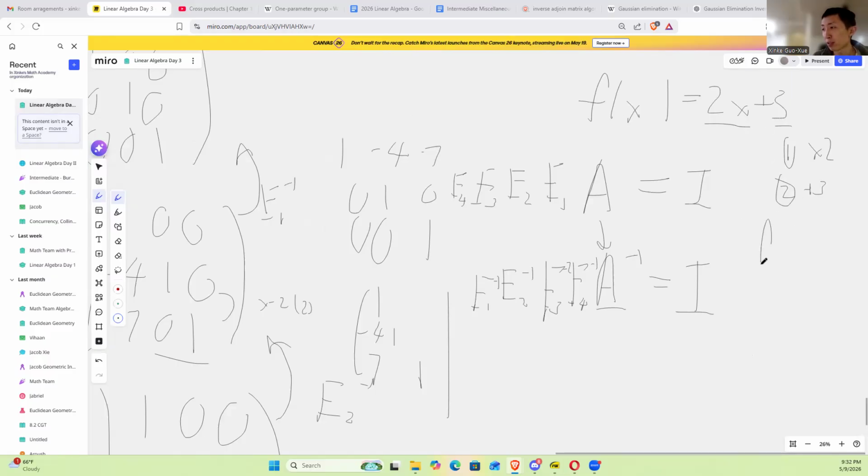So f inverse should first subtract 3 to undo this, and then divide by 2 to undo the first step. So f inverse should be x minus 3 over 2. This is the exact same thing.